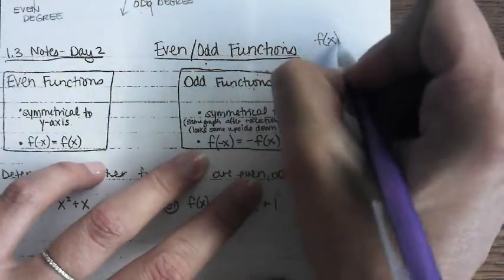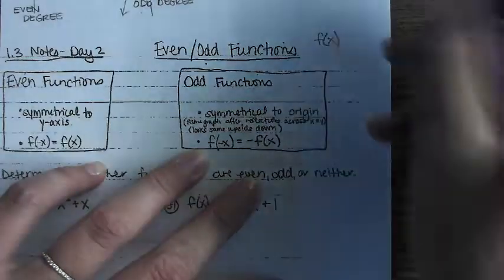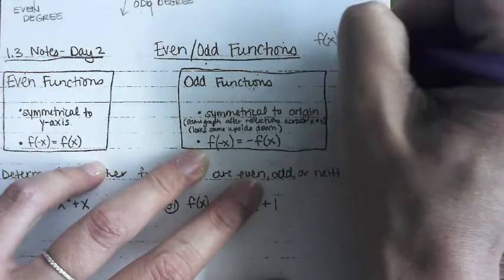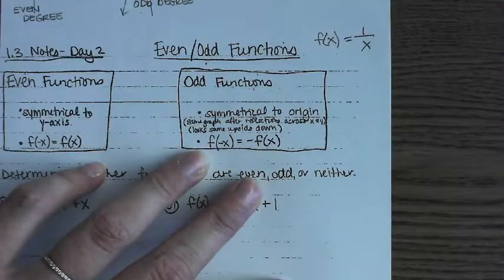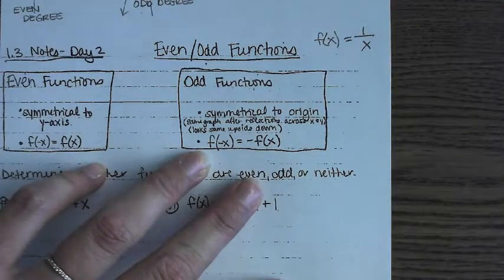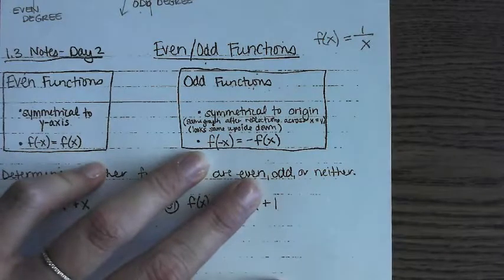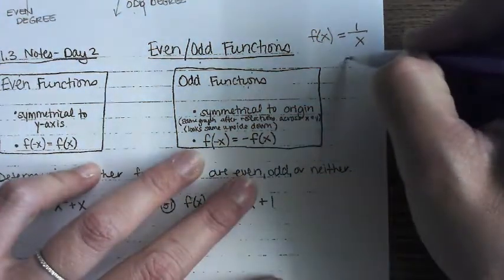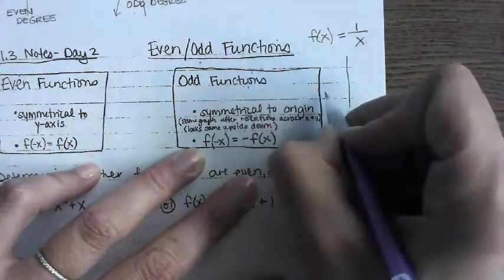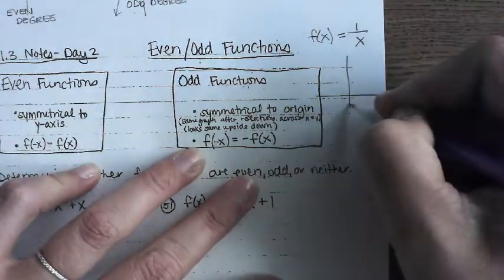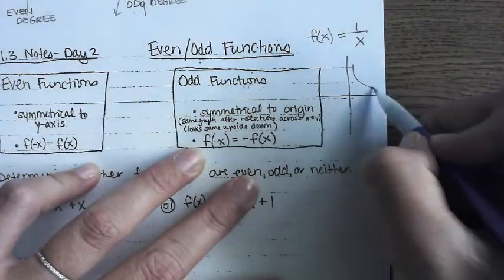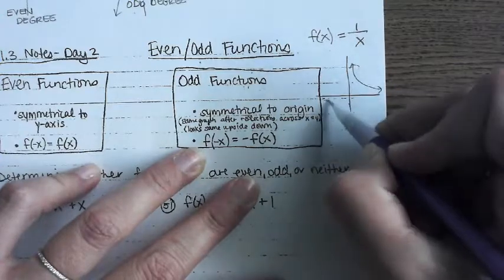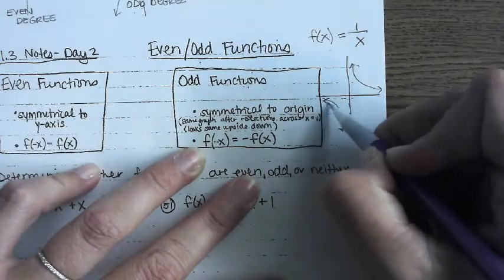I think your basic rational graph parent function is going to be symmetrical to the origin. I don't know if you remember what this parent graph looks like, but I'm going to give it to you. It's kind of in two parts, rational graphs like this. Does that look familiar?